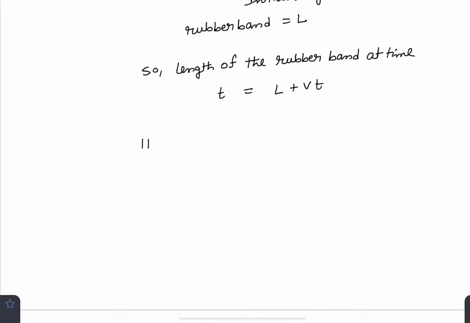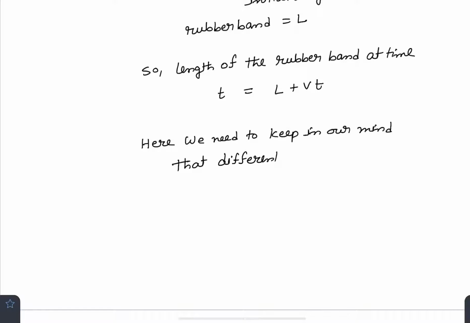Here we need to keep in mind that different points of the rubber band will have different velocity.